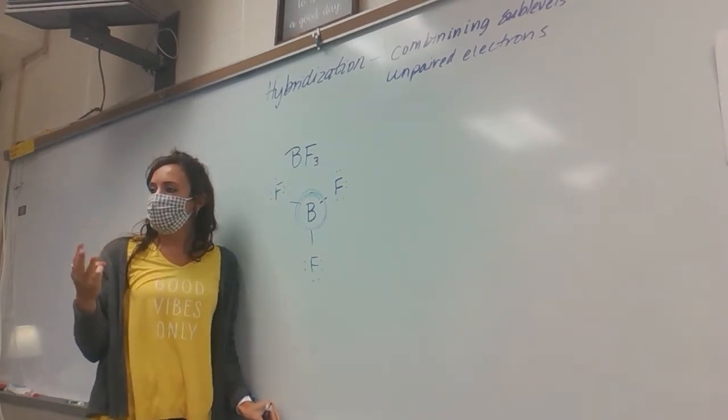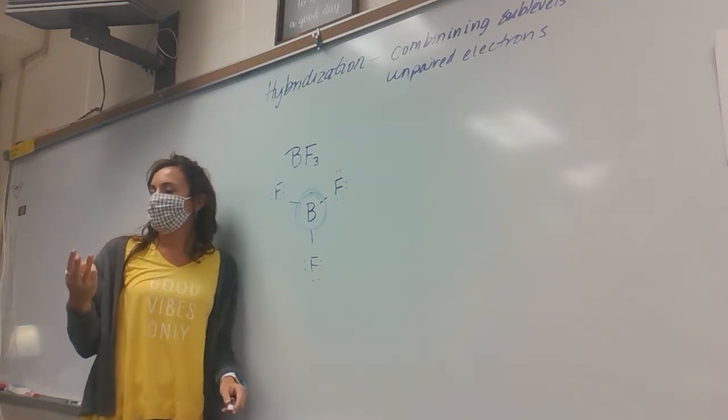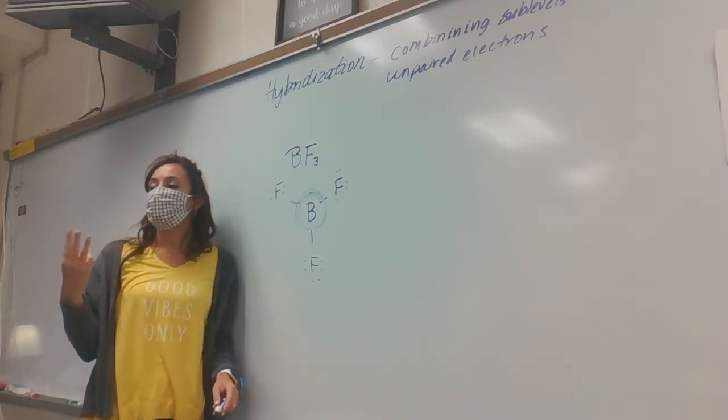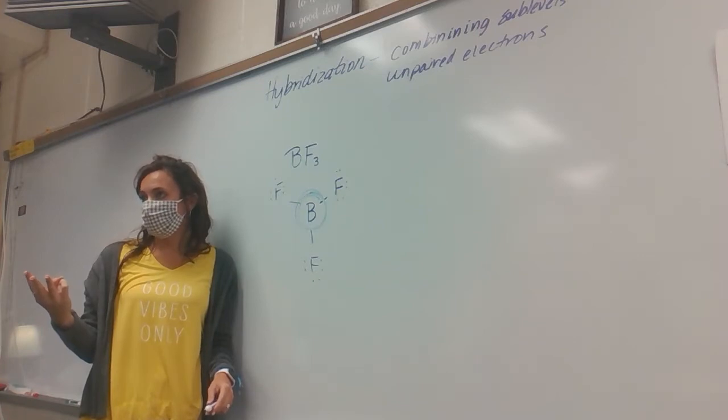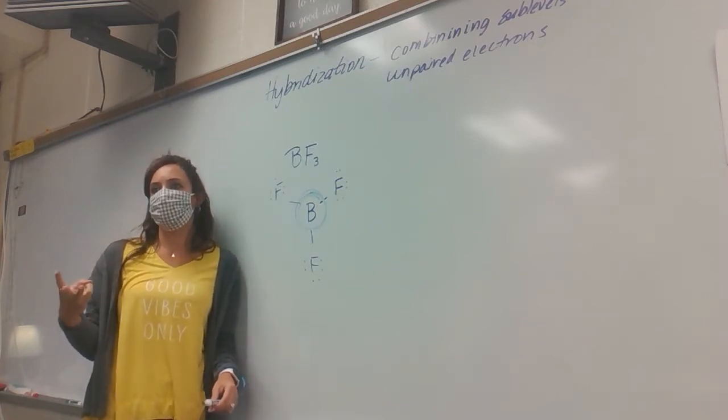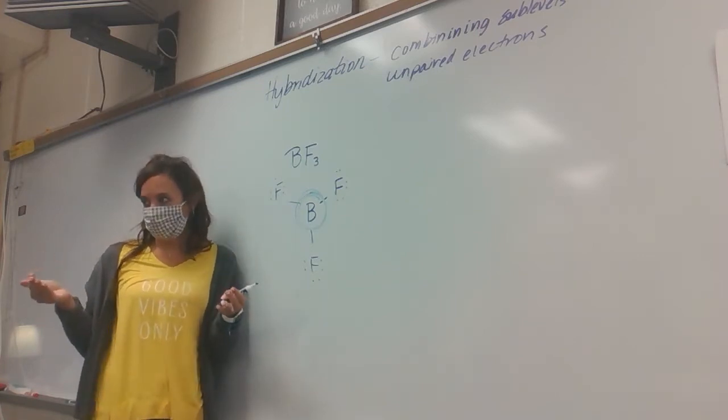And in order to make 3 bonds, there have to be 3 lone electrons, 3 unpaired electrons in the valence shell.